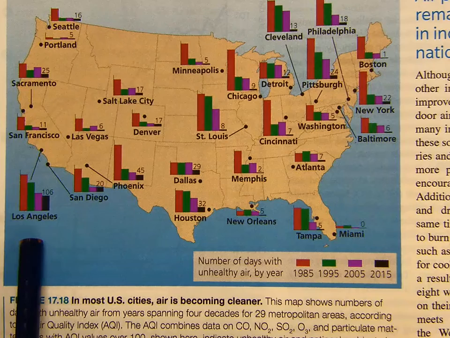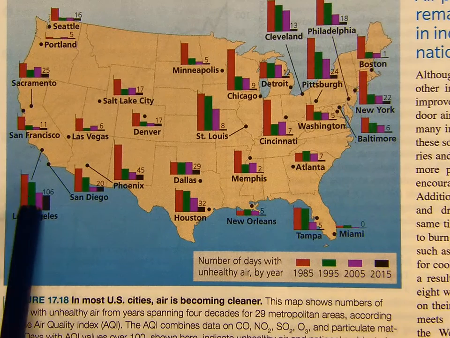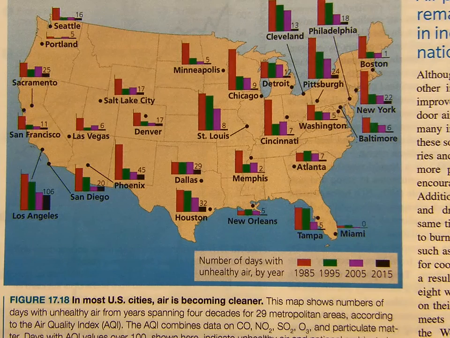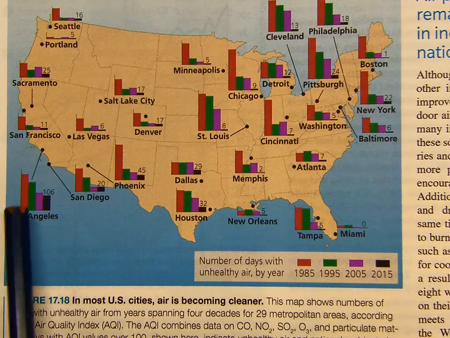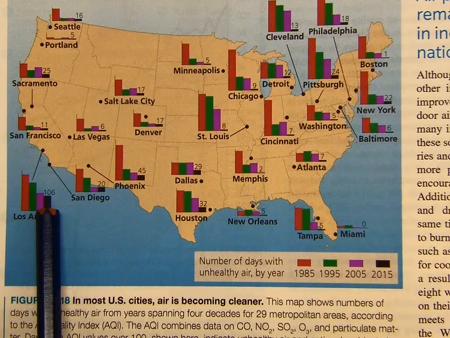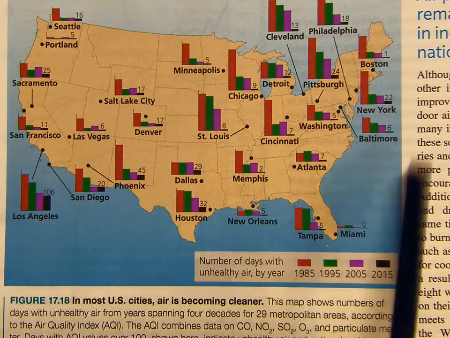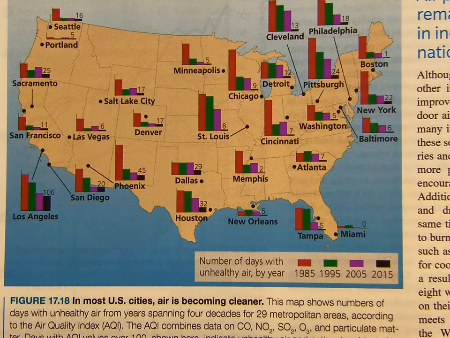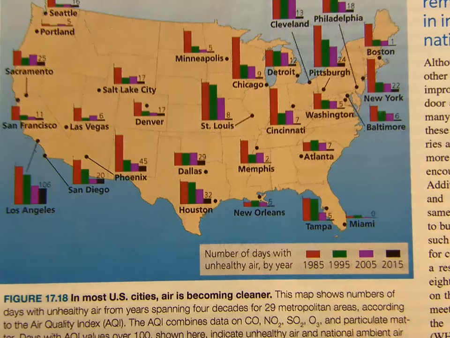But look at LA. They are improving, and trends are what we like in science. It's not just one random data point. The trend is what we're worried about. They are coming down. They're still at 106 bad days, which, if you look over this whole thing, is really high comparatively, but LA is declining, which is what we want. They're making strides, and that's what we're looking for.